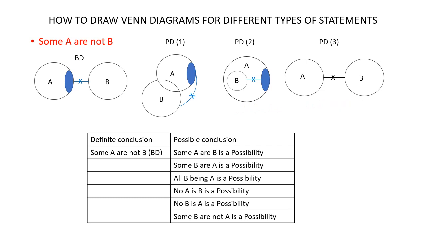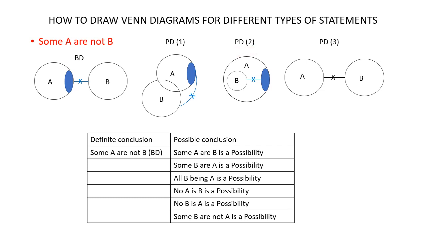Now as you can see in this basic diagram, circle B cannot have any relation with this part of A, but B can have a relation with this portion of A. Now, there are two ways in which B can have a relation with this portion of A. There can be a partial overlap of B with A as seen in possible diagram 1, or B can be completely within this portion of A as seen in possible diagram 2.